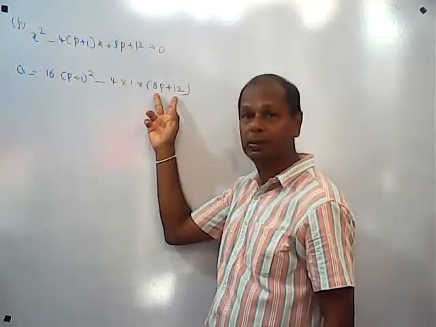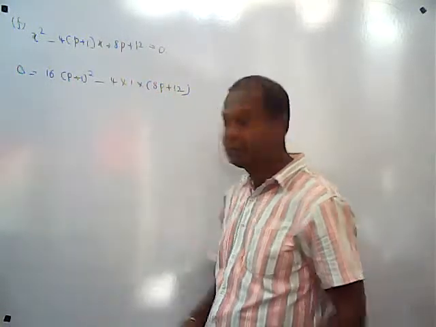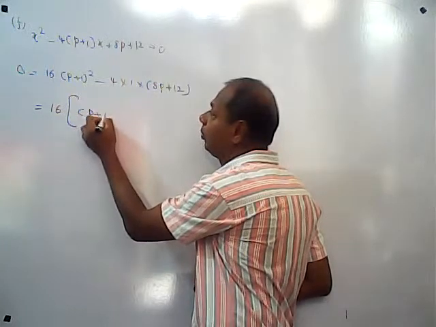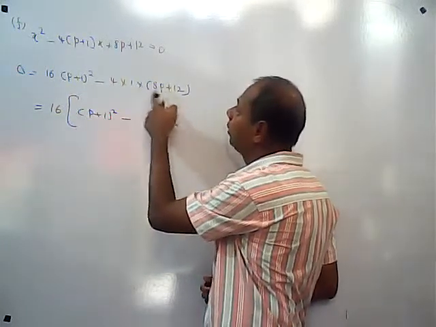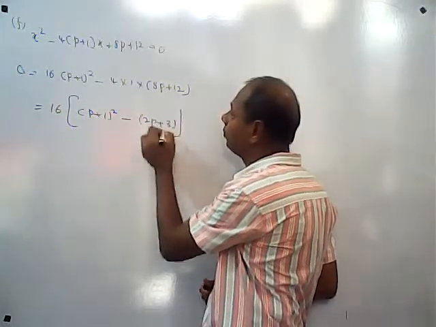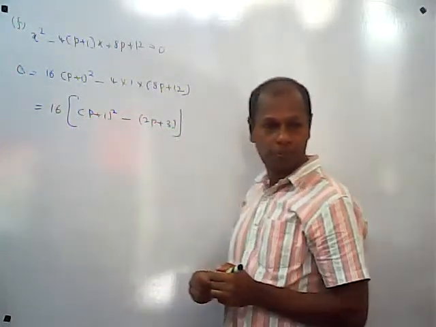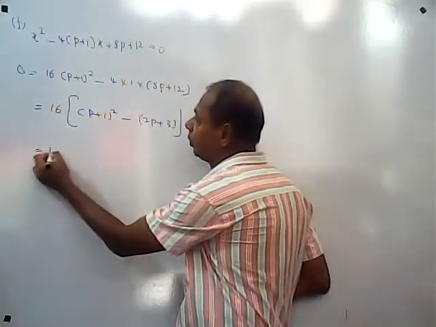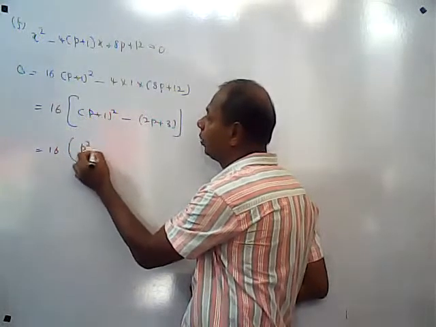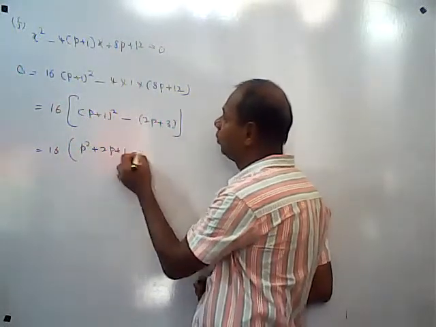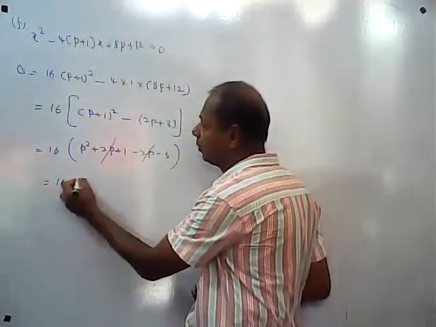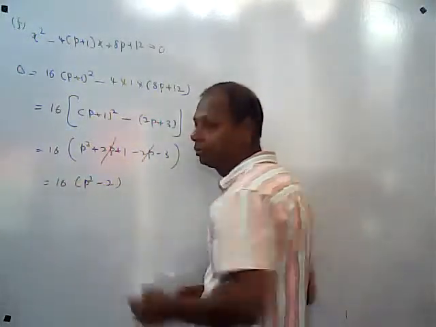So that will make a common 16. You take 16 out. So that will give p plus 1 squared minus, once you take that 4 out, 2p plus 3. So expanding, p squared plus 2p plus 1 minus 2p minus 3. So finally you get 16 times p squared minus 2.